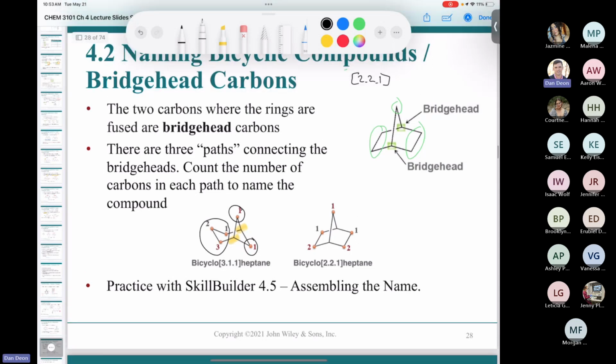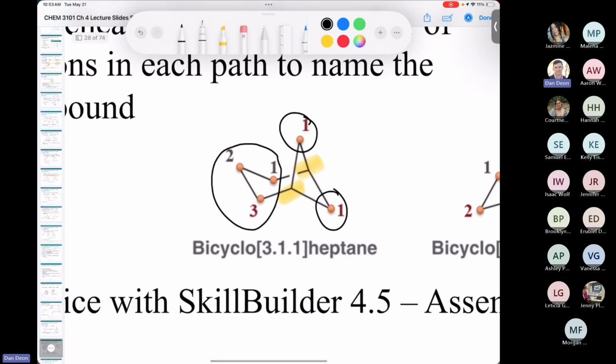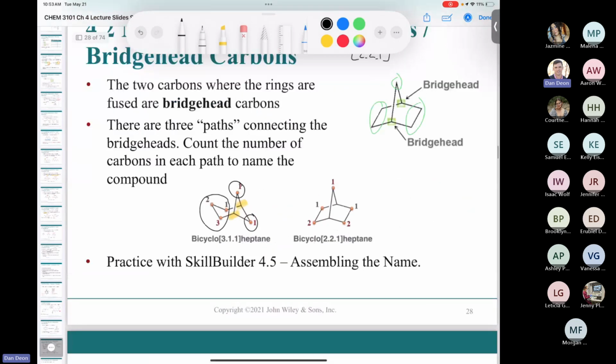Now I want to show you one more thing before I expose you to it: what if you have something like this, where you have something that looks like this? You might ask, how is that a bicyclic compound? Well, there are 2 rings. There are 2 four-membered rings attached to each other, right? So this would be a bridgehead, and this would be a bridgehead.